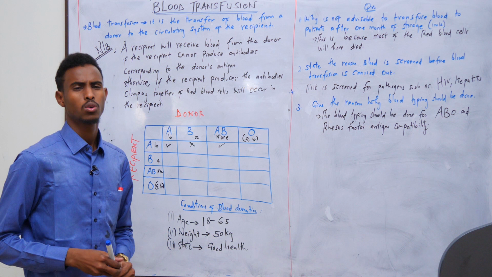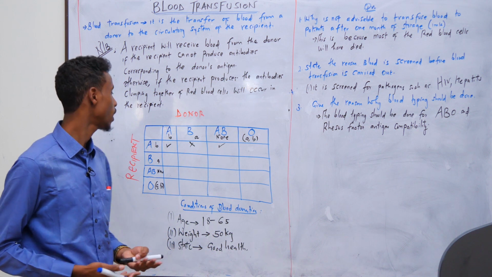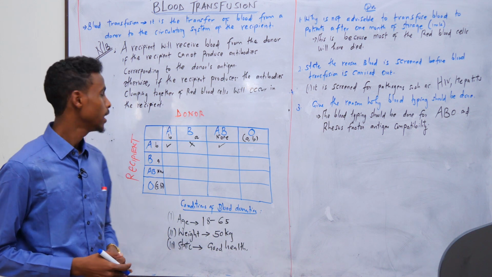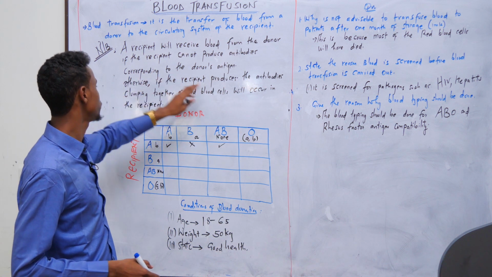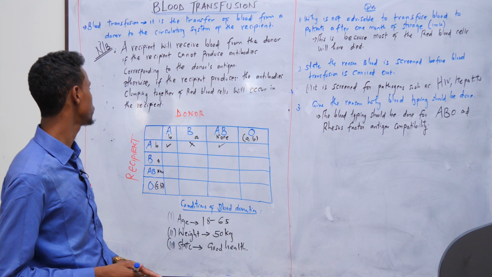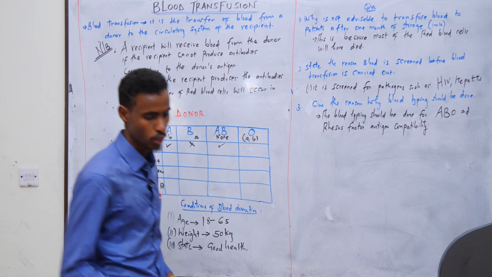Otherwise, if the recipient produces antibodies, clumping together of red blood cells will occur.